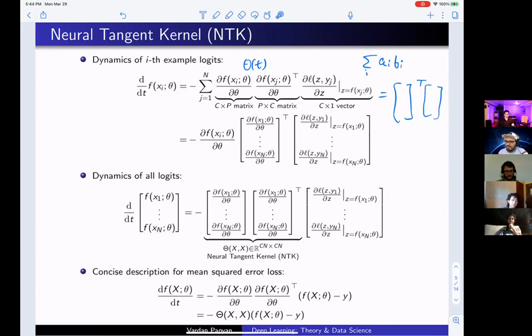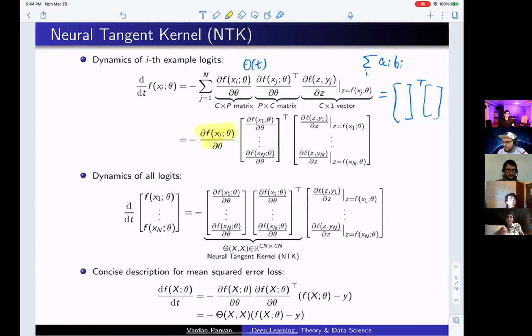Okay, so if we're interested in this derivative, then what we have to do is simply notice that if this is xi, then i only appears here. So if you're going to stack all of this on top of each other, instead of having this thing, you will just get a stack of these things. So let me highlight this.